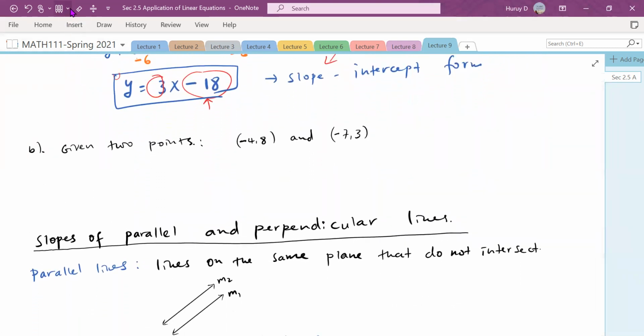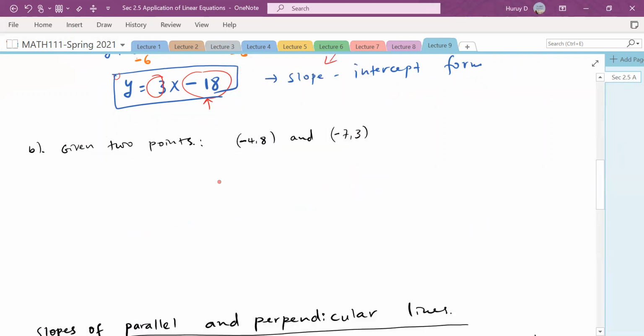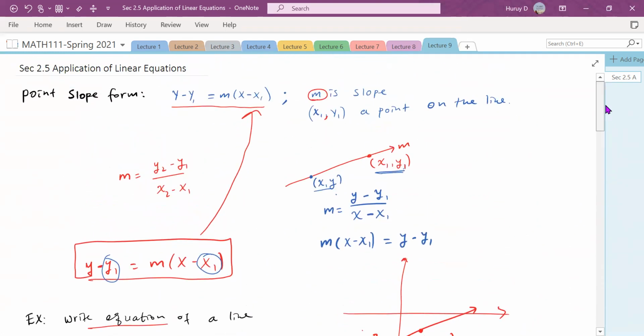And the second question is, now instead of a slope, we have 2 points. We know the line passes through these 2 points. That's the information that we have. And the equation, the point-slope form, means we have 1 point and 1 slope.